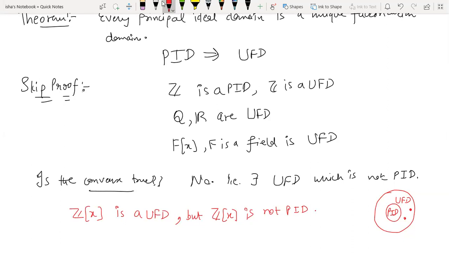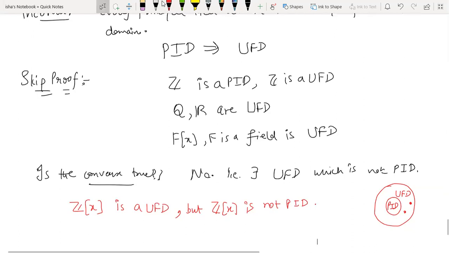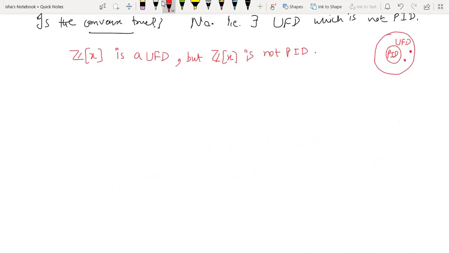So Z[x] is a UFD, but Z[x] is not a PID. So I can give you an example of why Z[x] is not a PID. What should I do to prove that Z[x] is not a PID? PID means every ideal should be of the form of a principal ideal. So that means there exist ideals in Z[x] which are not principal ideals. So to prove that Z[x] is not a principal ideal domain, let's consider some ideal.